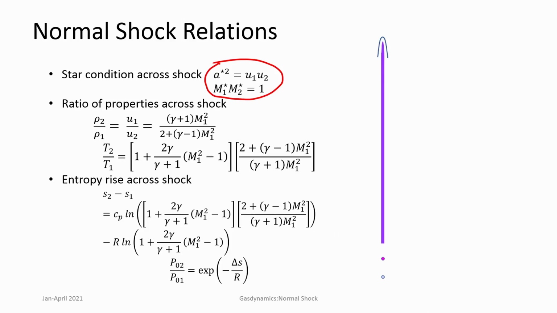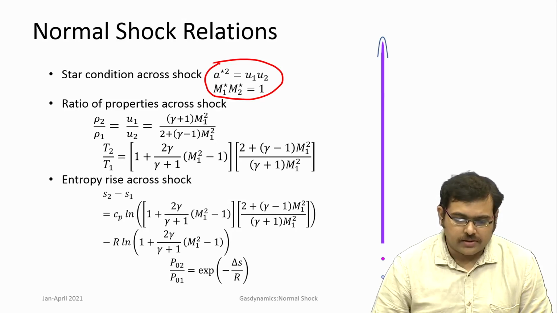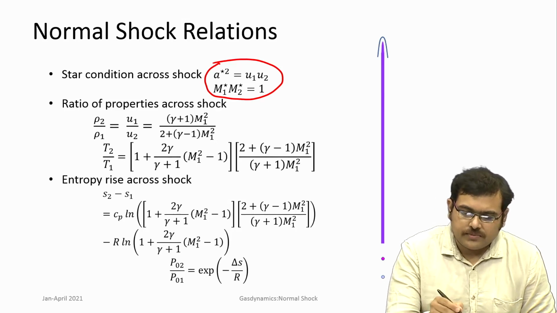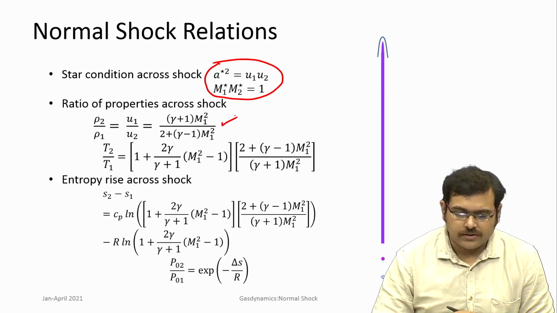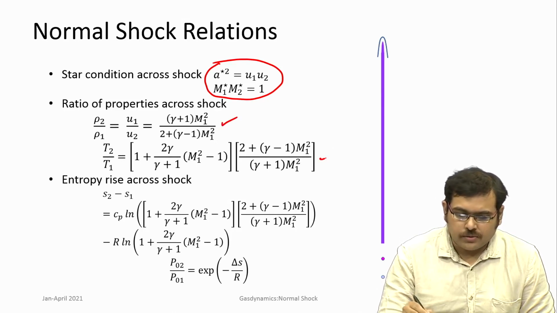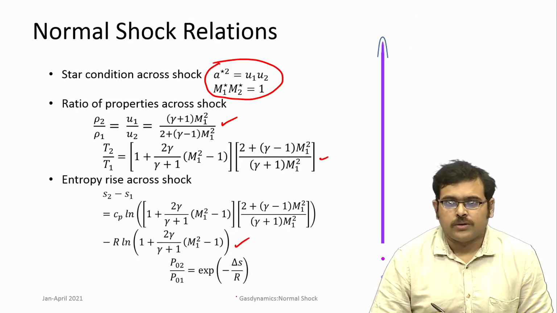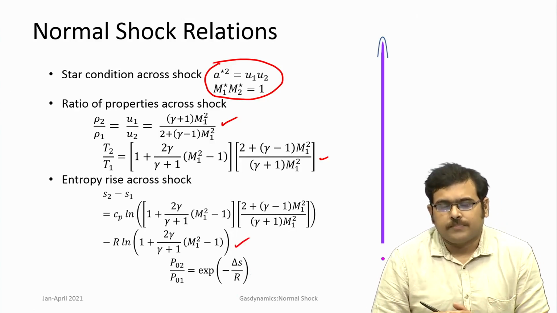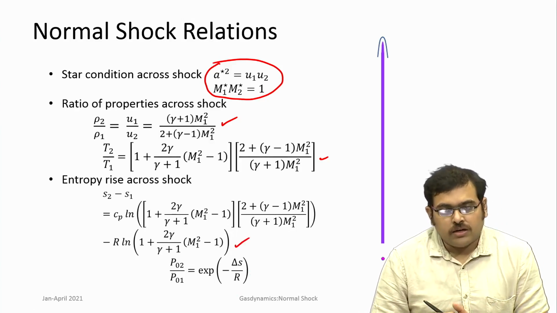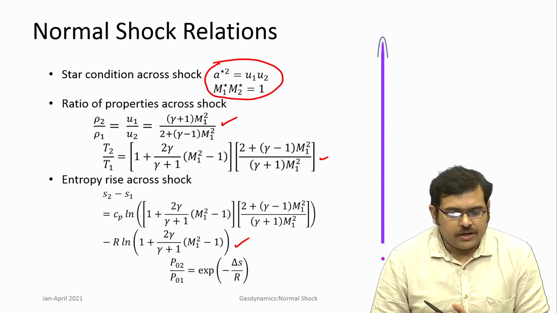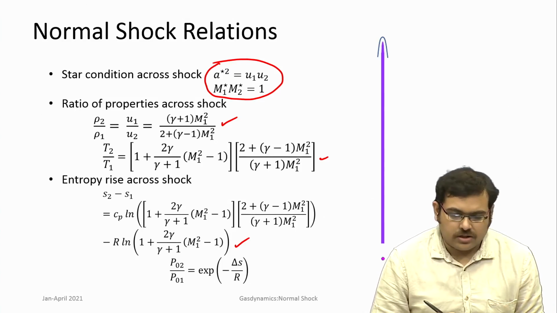You apply that condition along with the conservation equations, and you get relationships for density ratio across the shock, temperature ratio, pressure ratio, and entropy ratio, as well as stagnation pressure ratio. Since shock waves generate entropy, the stagnation pressure decreases across the shock.